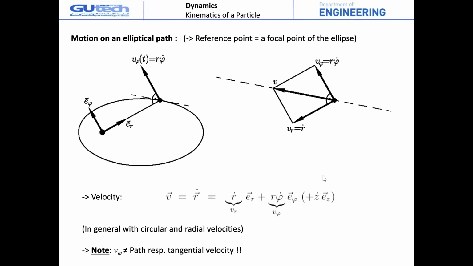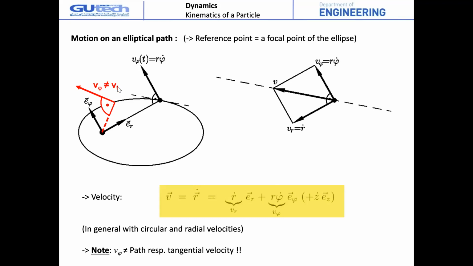And if we introduce the cylindrical coordinate system, and take the third component along the z direction, then we have z dot ez.